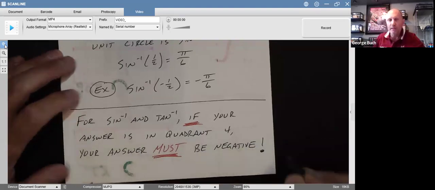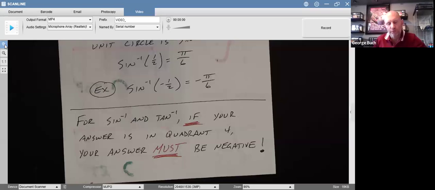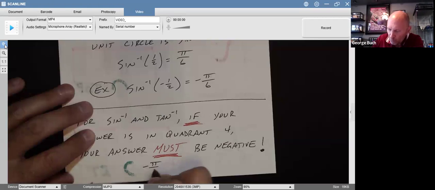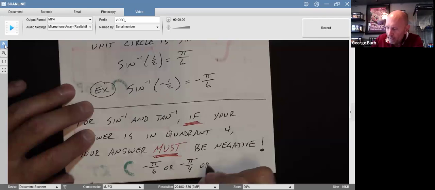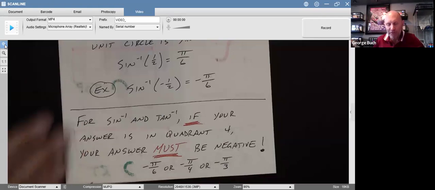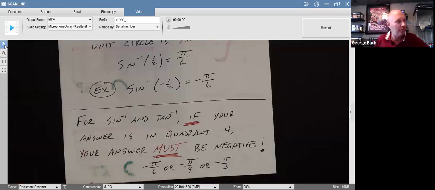So do not give me 11 pi over 6. Do not tell me 7 pi over 4. Do not tell me 5 pi over 3. It must be negative pi over 6 or negative pi over 4 or negative pi over 3. It has to be negative if you're down there in quadrant 4. Anything else means you tell me you don't know what you're doing. And George, go ahead and mark it wrong because I'm not sure what's going on here.